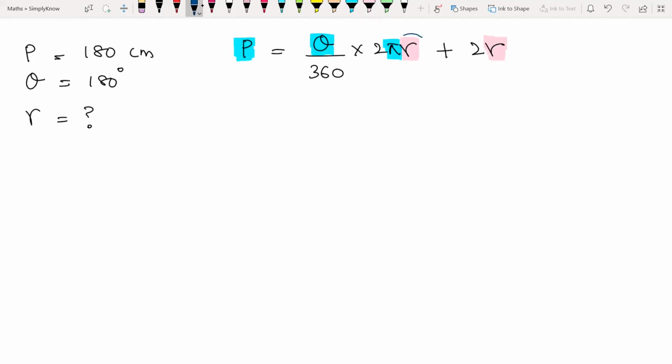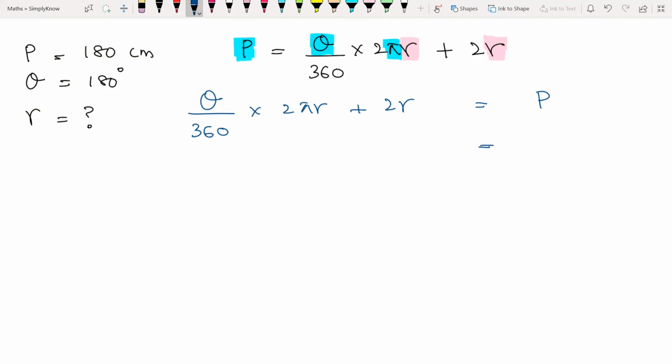Now, you need to find the radius. So in this case, it's better to take radius to the left side. So what I do is I interchange the two sides of the formula. So theta over 360 times 2 pi r plus 2r equals P, perimeter.